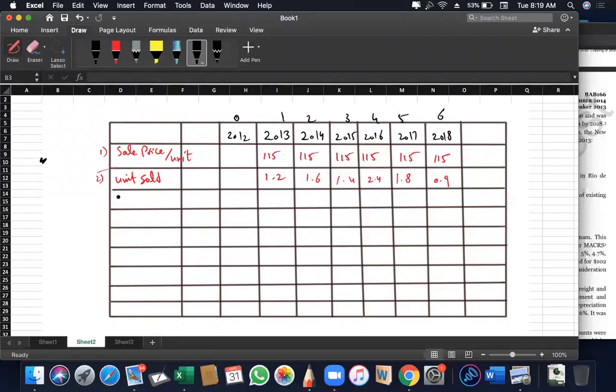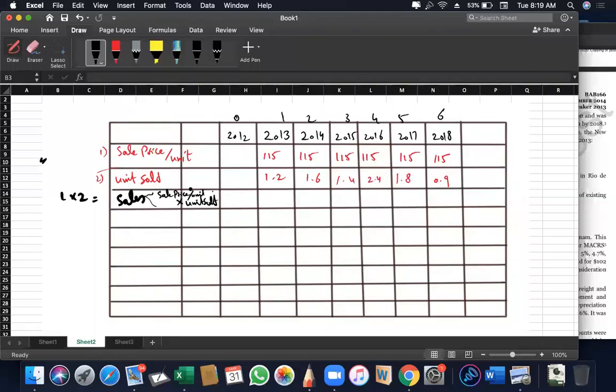Now how can we find the sales? One multiplied with two is equal to sales. So the basic formula of sales is sale price per unit multiplied by units sold.